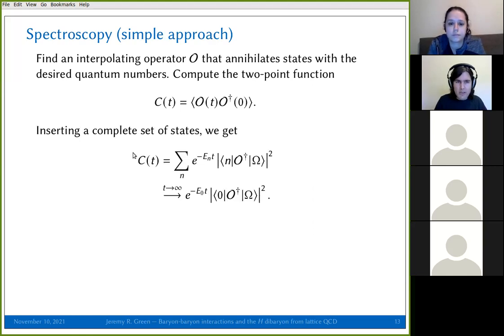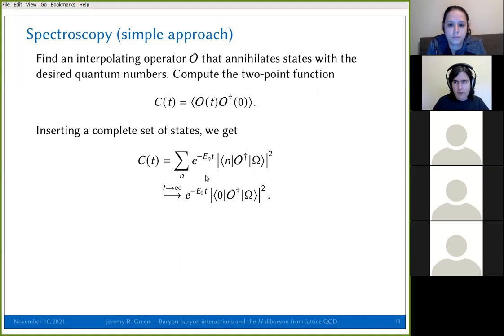And then in Euclidean time, if you insert complete states between the source and the sink, and you work in a regime where it's a vacuum on the outside, this decomposes into a sum of contributions from all the states in the spectrum, where you have an overlap factor given by how much this operator creates a given state from the vacuum, and a prefactor that is e to the minus the energy times T, because we're in Euclidean space.